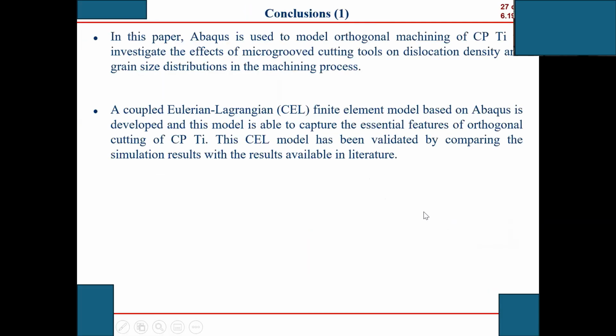So conclusions. In this paper, Abaqus is used to model orthogonal cutting of CP-Ti to investigate the effects of microgroove cutting tools on distribution density and grain size distribution in the machining process.